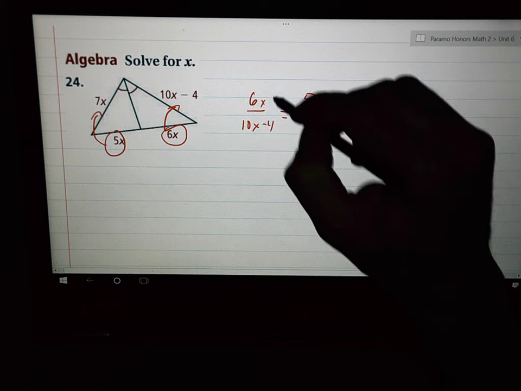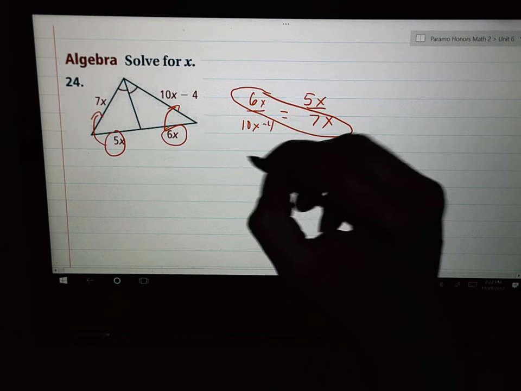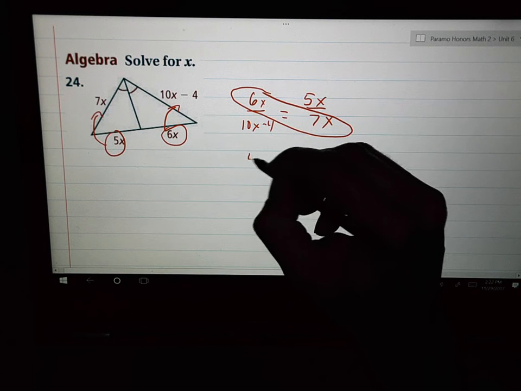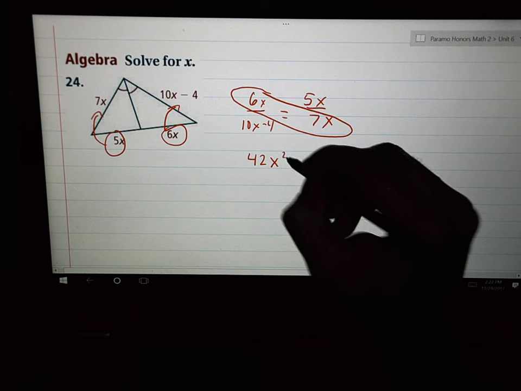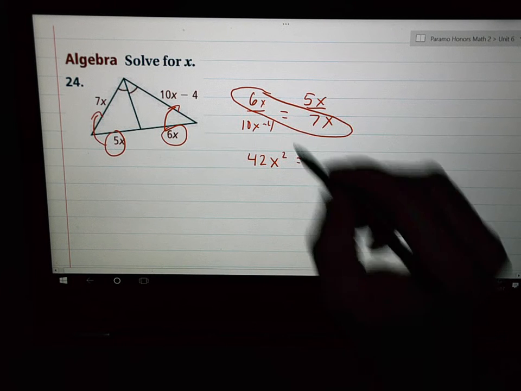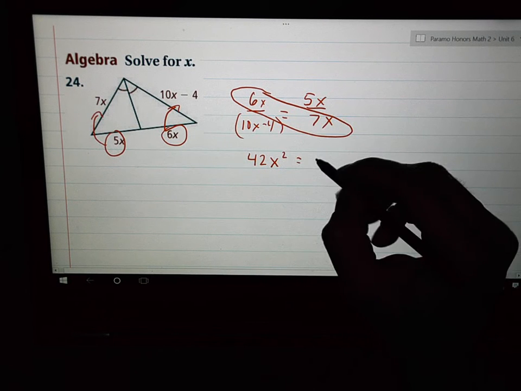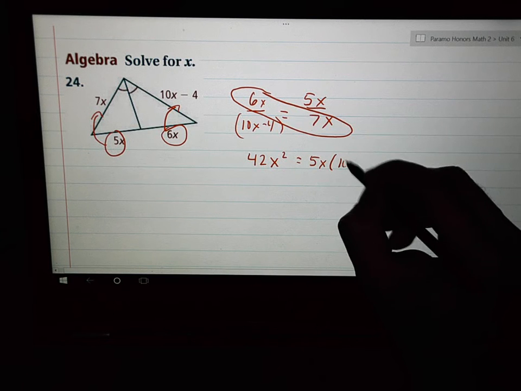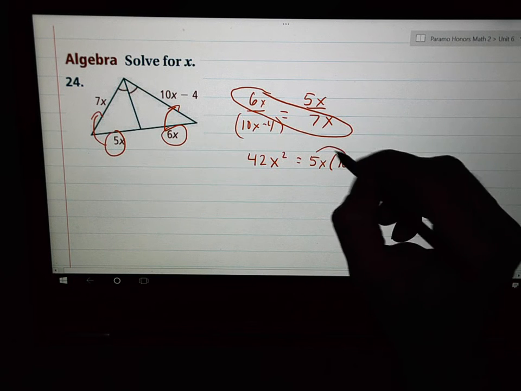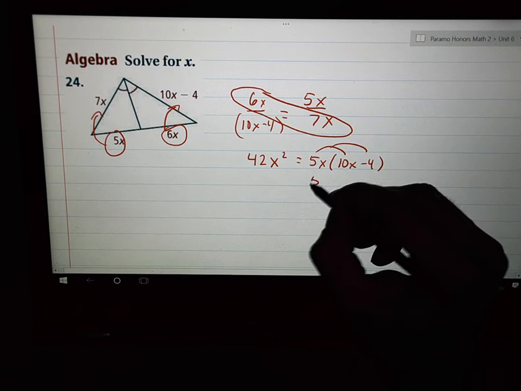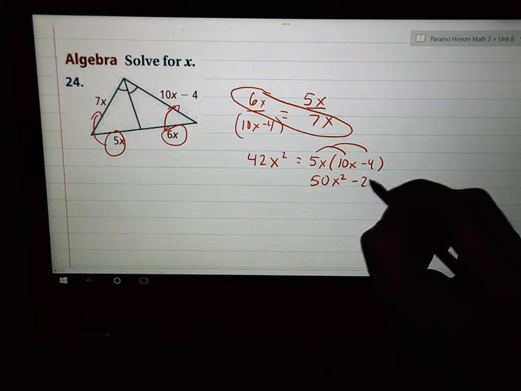Cross multiply. 6 times 7 is 42. x times x is x squared. Don't forget to distribute the 5x to the 10x and the minus 4. Otherwise, you'll make that most common mistake. We don't want to do that.